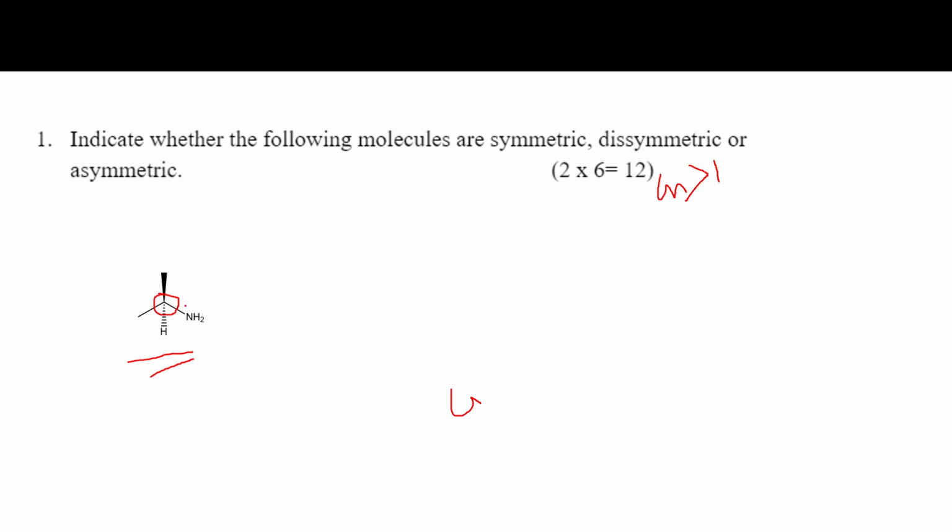Whatever operation you apply, this molecule only has E, that is, after 360-degree rotation it gives the original molecule. But no other operation is present in that molecule that gives the same molecule. So this is a chiral molecule, and a chiral molecule will always be an asymmetric molecule.